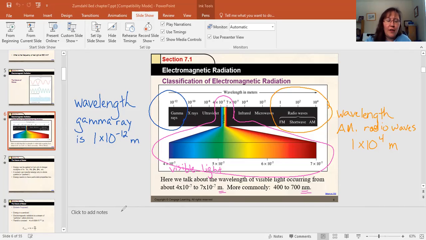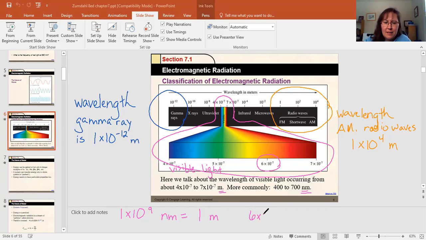So let's do a quick review about that conversion. First of all, there are 1 times 10 to the 9th nanometers in 1 meter. So let's say that we're looking right here. I have that 6 times 10 to the negative 7th. Well, what would that be in nanometers?